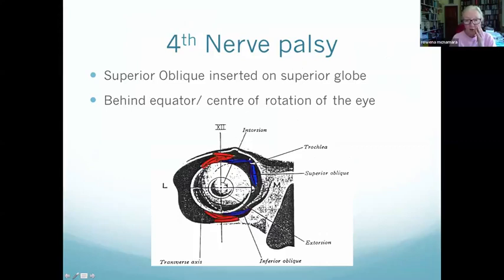So remember, it's on the top of the eye, but it pulls the eye down, and it also has the main action of in-cyclotorsion. So as it's the main in-cyclotortor, if there's a fourth nerve palsy, the patients often complain that images look tilted because the whole world has become tilted the wrong way.